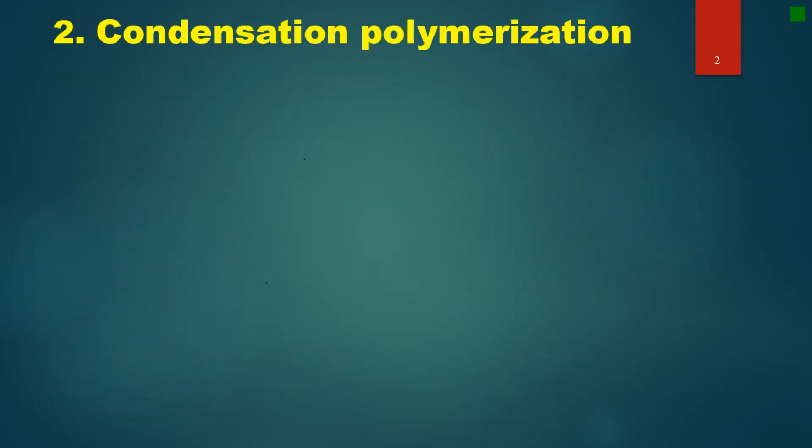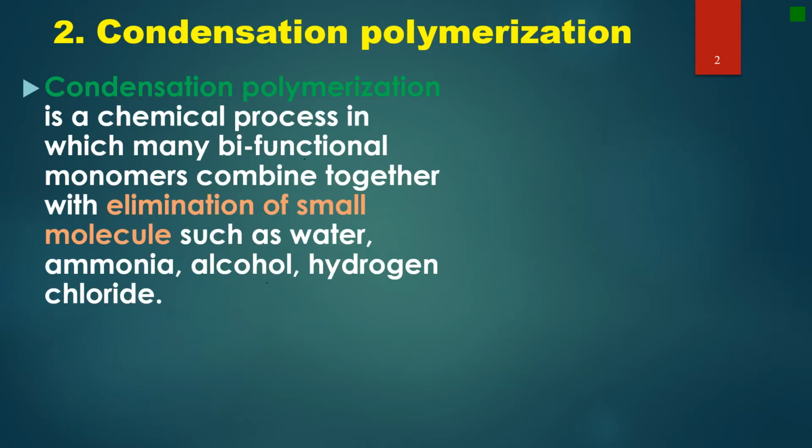Condensation polymerization is a chemical process in which many bifunctional monomers combine together to form the polymer with elimination of a small molecule of water, or ammonia, alcohol, or hydrogen chloride.